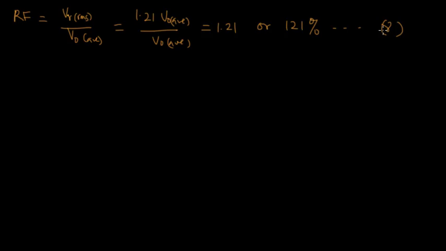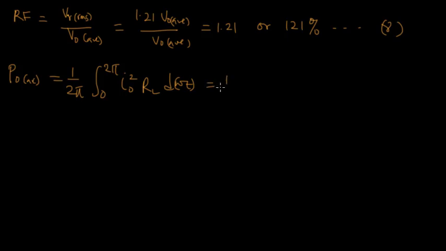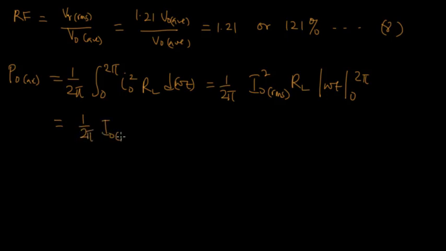Now the AC output power, P out AC, is the average power and is given as 1 over 2 pi integrating from 0 to 2 pi I out squared RL d omega t. And that gives us 1 over 2 pi I out RMS squared RL omega t from 0 to 2 pi, which is the same as 1 over 2 pi I out RMS squared RL times 2 pi minus 0, which is the same as I out RMS squared RL.